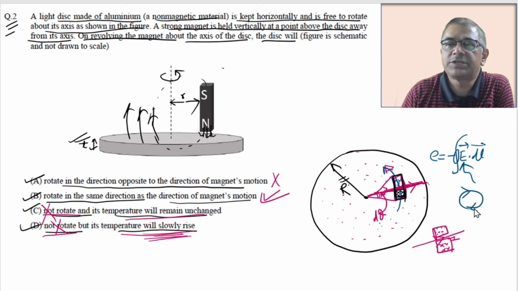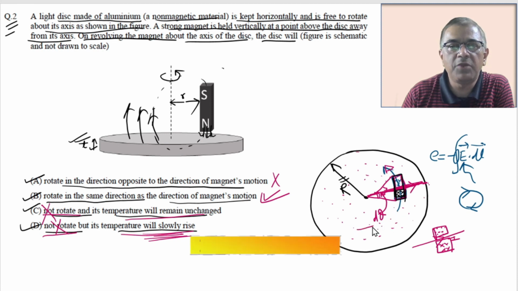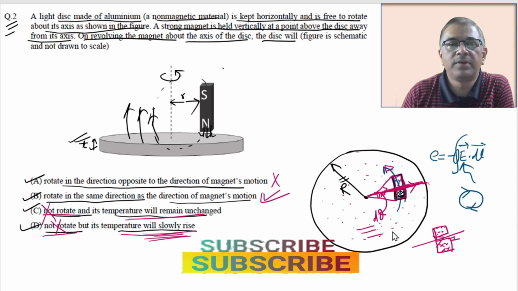This must constitute a circular loop, and hence the electrons have got to move in a circular loop, and the current should also be in a circular loop, which I can discuss at some other time. And hence, because the current is flowing, there should be Joule's heating effect, and hence this aluminium disc should get heated up slowly.